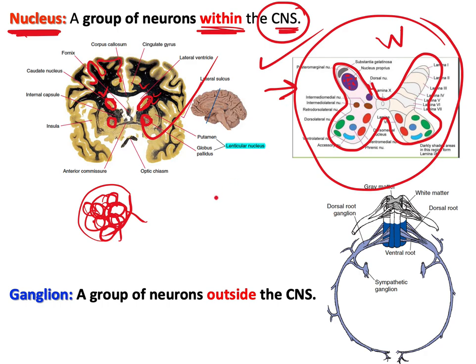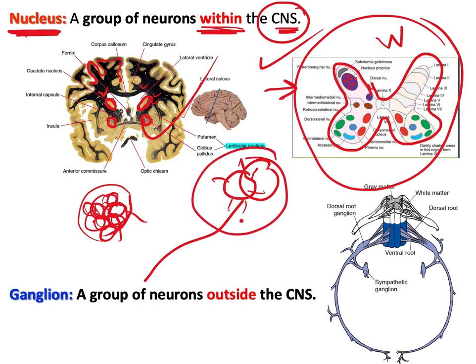Why am I saying cell bodies of neurons? Because you know the neuron has a cell body, dendrites, and axons. So mainly the nuclei are formed by the cell bodies, not the axons. Again, in the spinal cord they form nuclei like nucleus proprius, substantia gelatinosa, phrenic nucleus, accessory nucleus, and so forth.